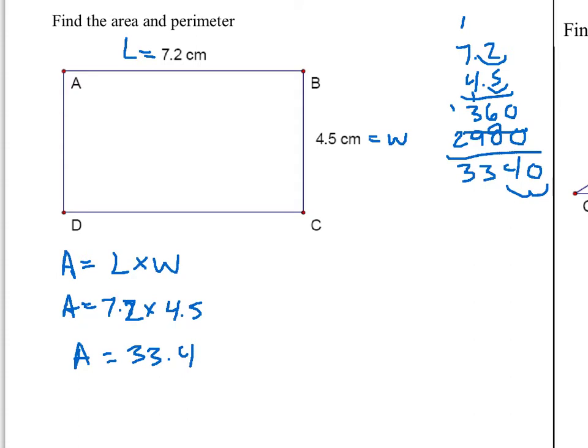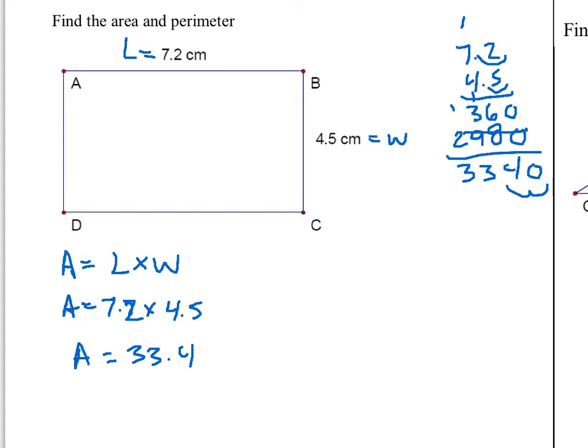What's wrong with my answer? Oh, wow. What's wrong with my answer? Juan? Yeah, it doesn't have units. Now, we're talking about area here. What's true about the units of area? No matter what we've measured initially in, centimeters, inches, miles, feet, kilometers, what's true about the units of area?